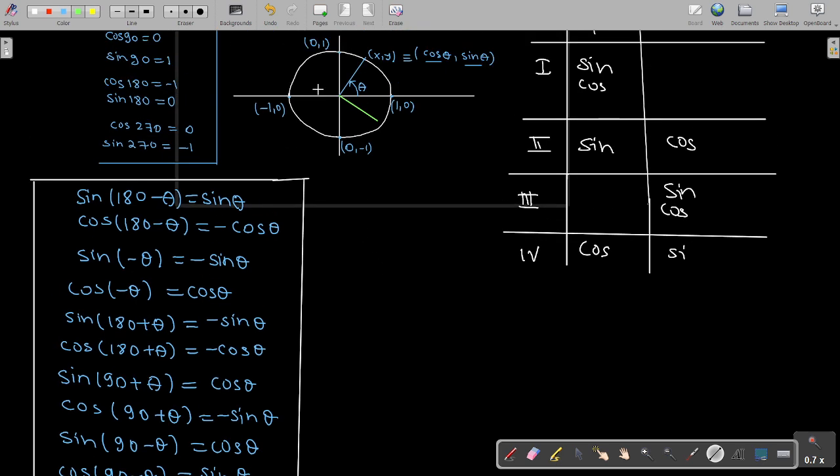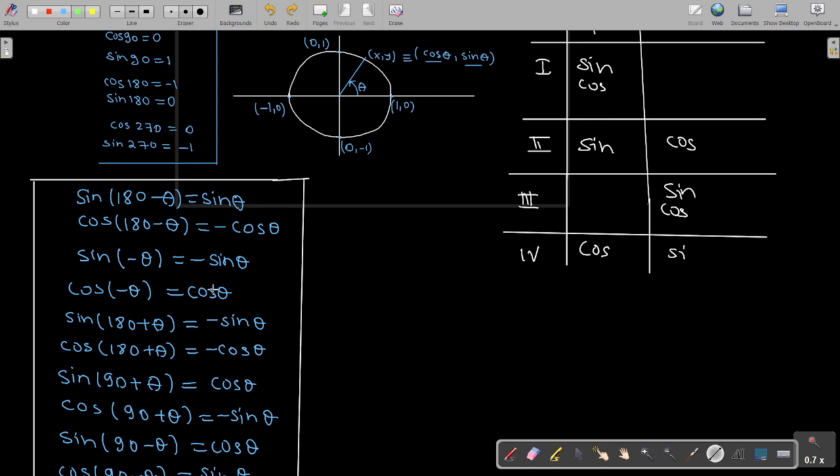So you will be in the third quadrant, right? 180 is here and plus theta will be in the third quadrant. In the third quadrant it's negative, so you added a negative sign. Cos of minus theta is cos theta. Is it clear?